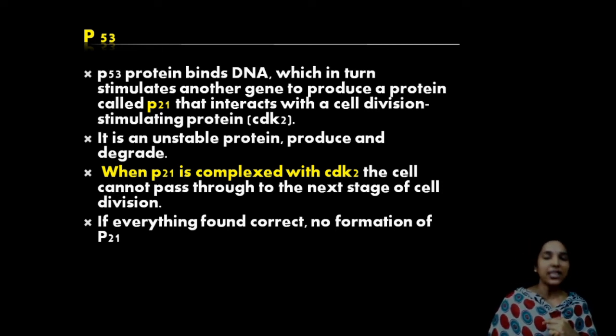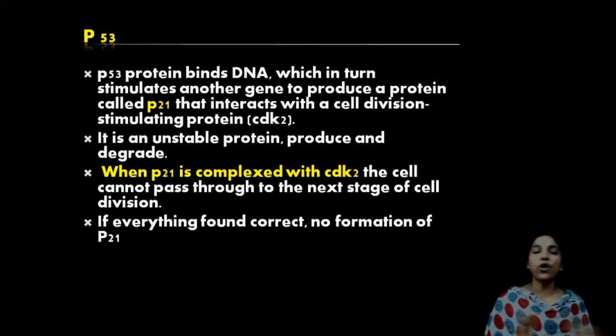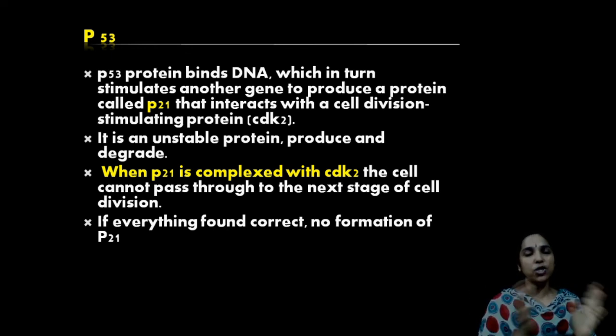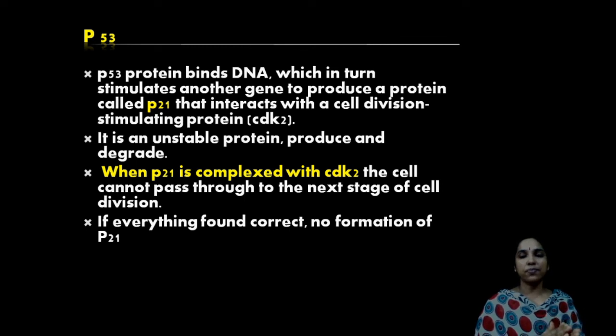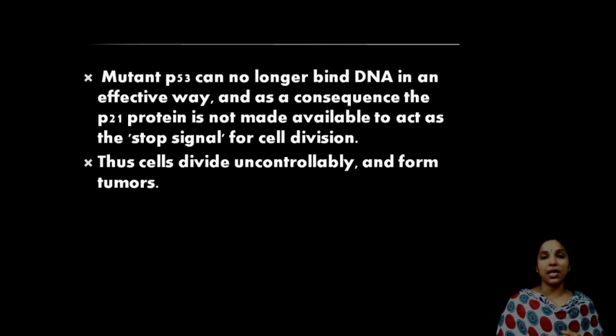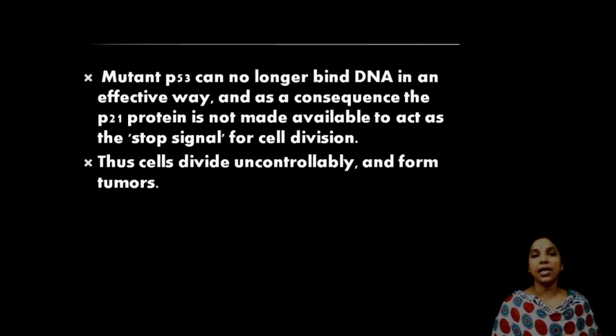Okay. So if everything is found correct, there is no need for formation of P21. If the cell is in perfect stage, after S phase, DNA is in normal condition, no formation of P21 is required. Clear? So, mutant P53 can no longer bind DNA in an effective way.